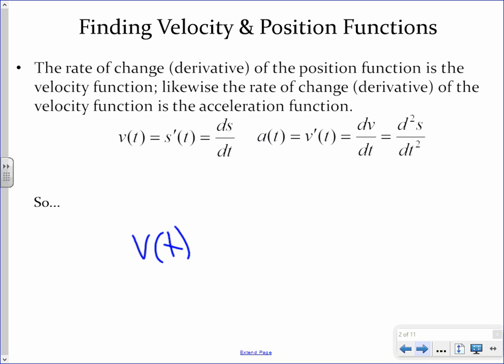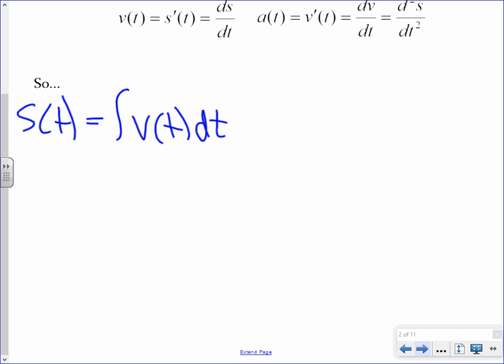Antiderivative with respect to t. Okay. What if we have acceleration and we want velocity? We need to take the antiderivative.